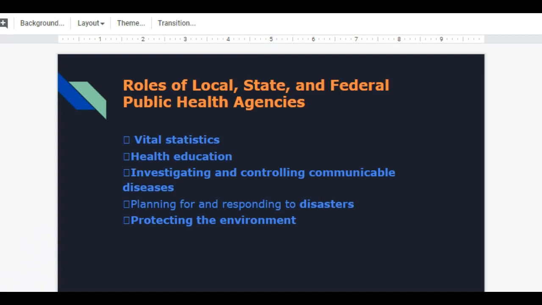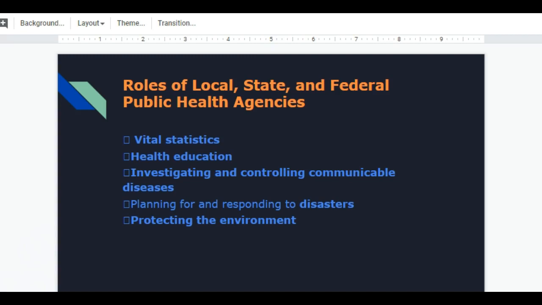One good example of that is directly observed therapy. One important example of controlling communicable disease is directly observing people take their tuberculosis therapy. So another role is planning for and responding to natural and man-made disasters, okay? So people that are vulnerable already because of many different health risks become extremely vulnerable when there is a natural or man-made disaster.